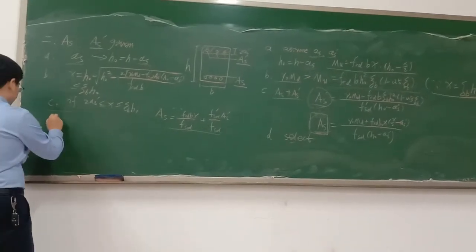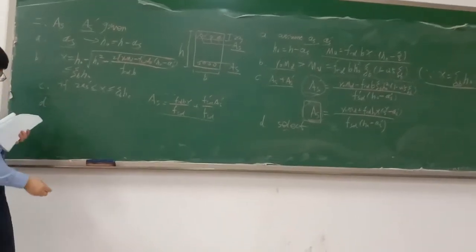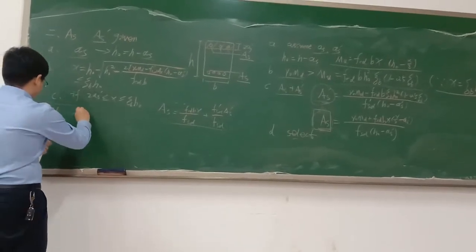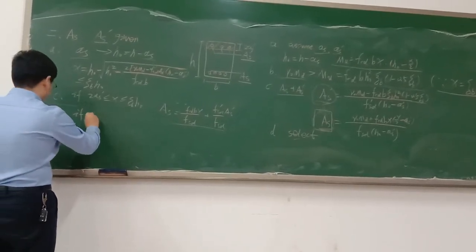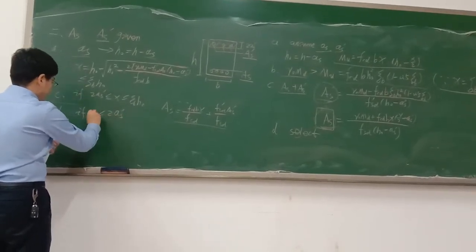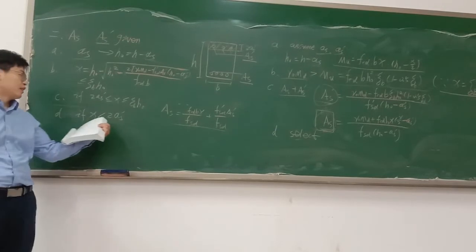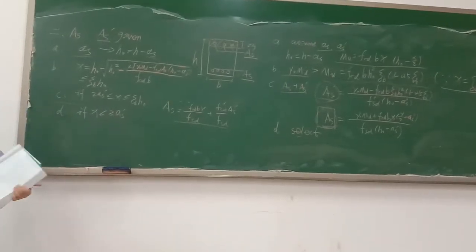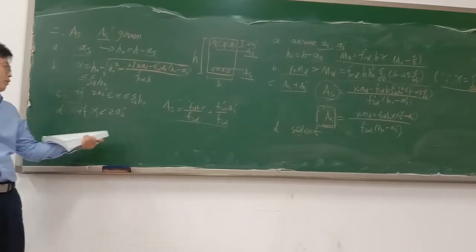And then the step B, another situation, if x is smaller than 2a_s', so x smaller than 2 times a_s', what does that mean?